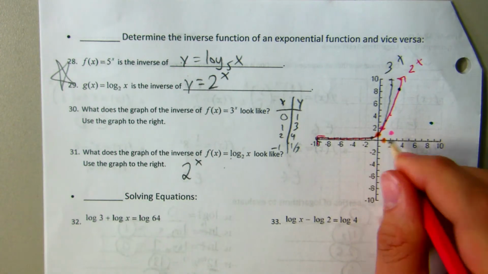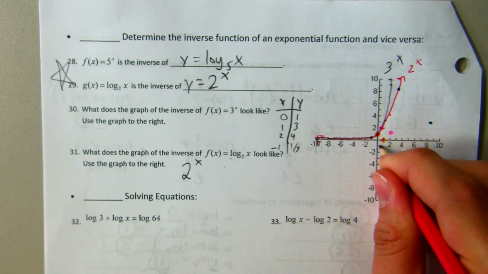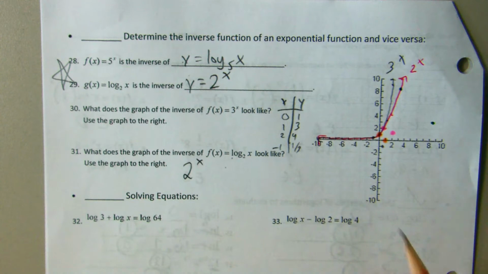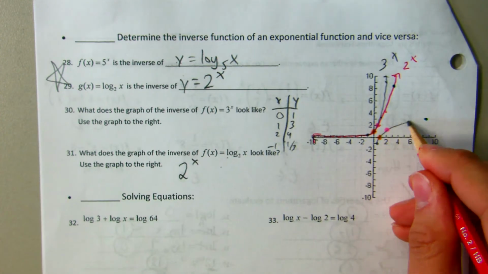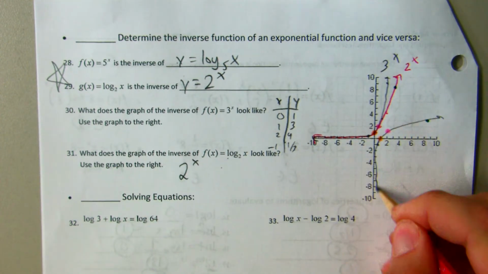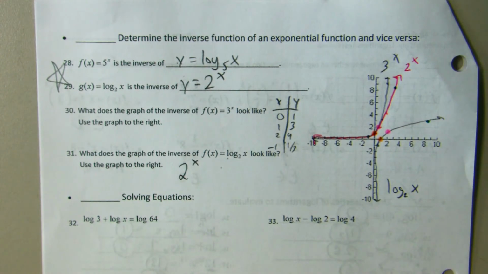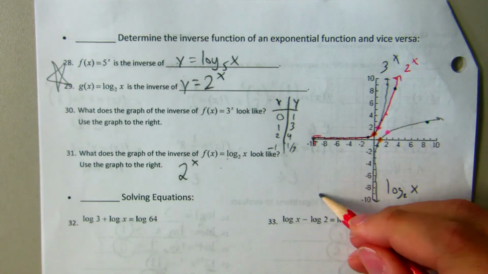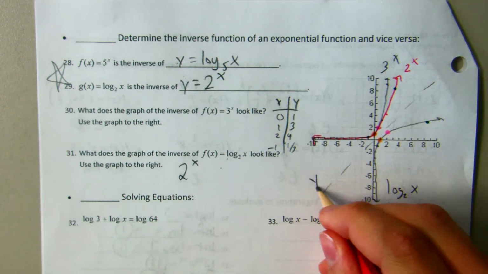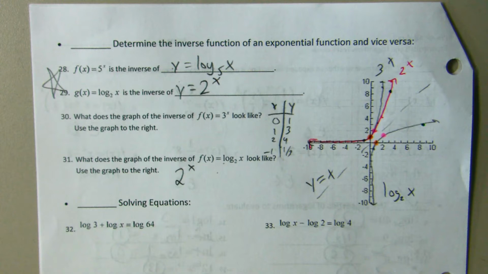Negative 1, 1/2 becomes 1/2, negative 1. So you can copy over as many points as you need to. But that's also how you can figure out in the moment what log base 2 of x looks like. Also, notice that symmetry of y equals x when we talk about inverse functions.